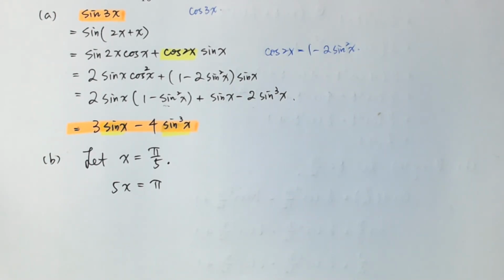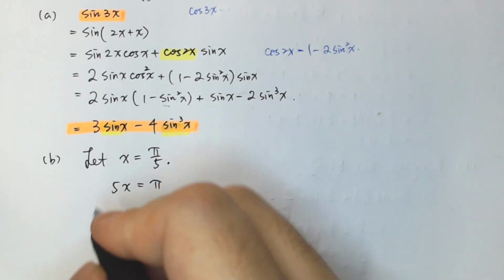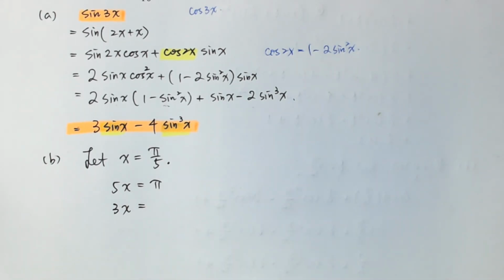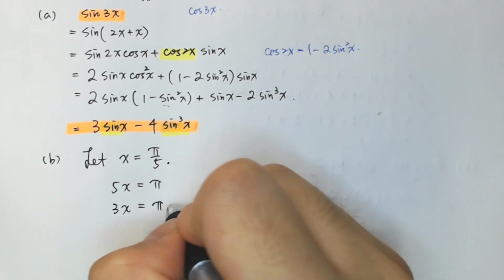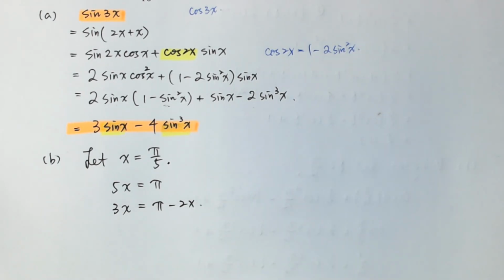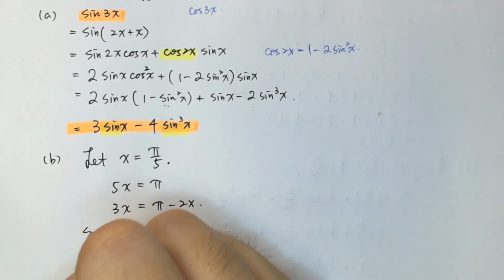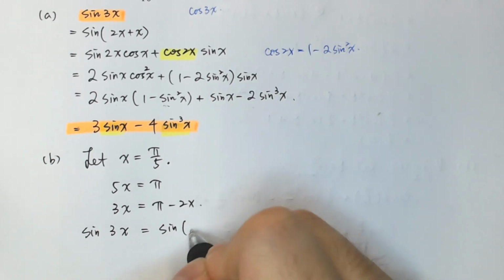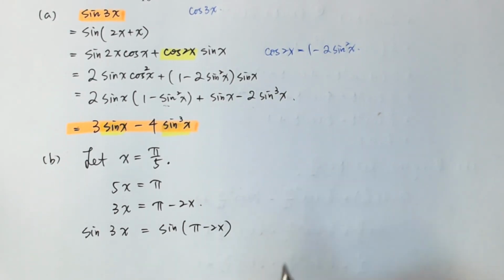And since I need to make use of sine of 3x, I need to take out 3x and move the 2x to the right. This is the most difficult part of this question. Now, we take the sine on both sides and we get on the right hand side sine 2x.